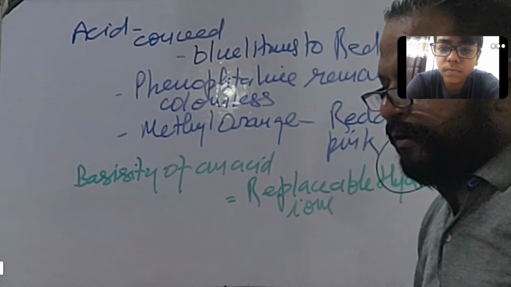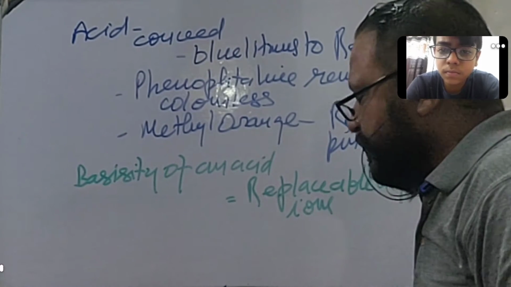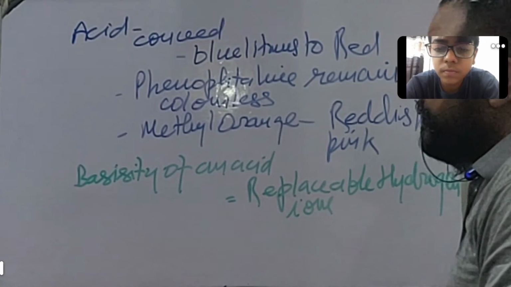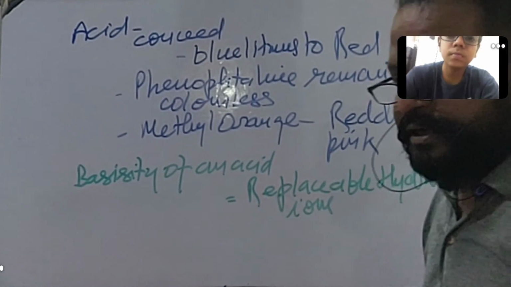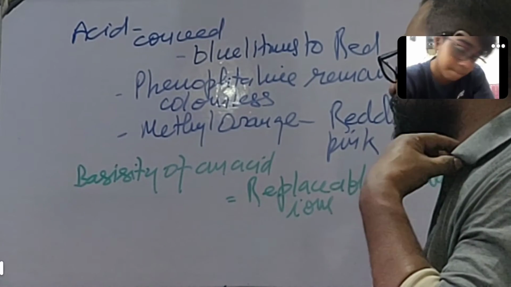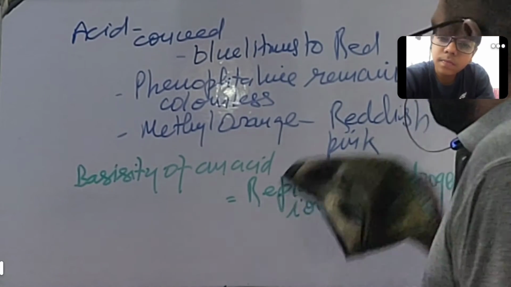If replaceable hydrogen ions are more, it is a strong acid, and if replaceable hydrogen ions are less, then it is a weak acid. Getting this much? Now we are going to talk about hydrochloric acid, right?